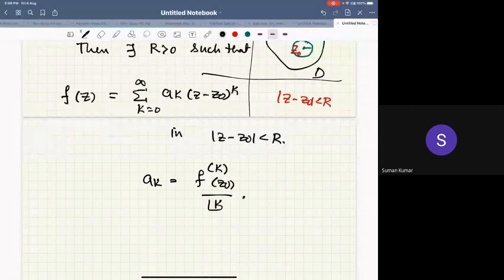Now our f of z0 is 0, f dash of z0 is 0 and f power n minus 1 of z0 equals 0.